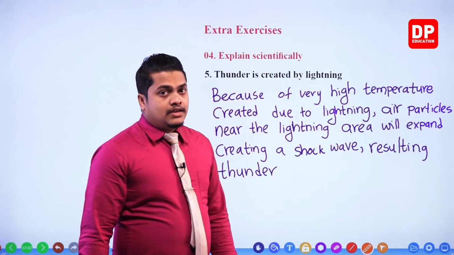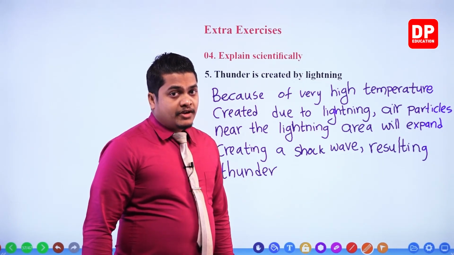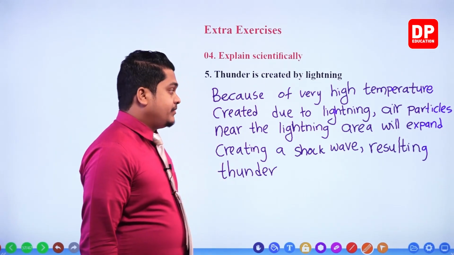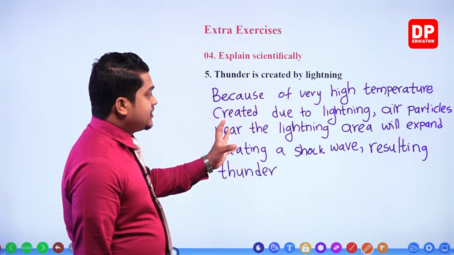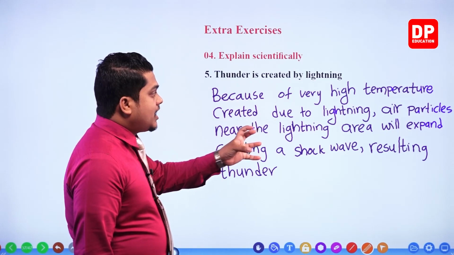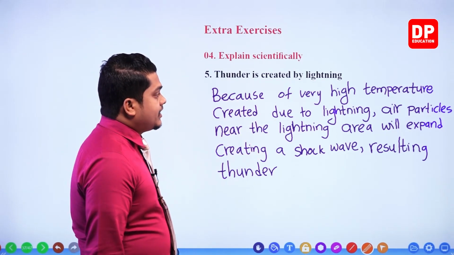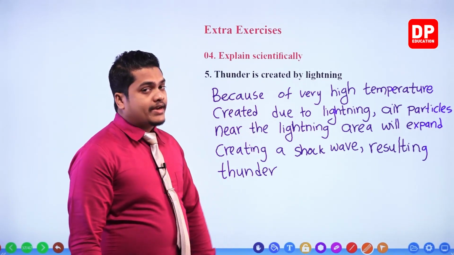This is why thunder is created because of lightning, my dear children. Because of the shock wave created due to the lightning process. The air particles near the lightning area will expand due to high temperature.